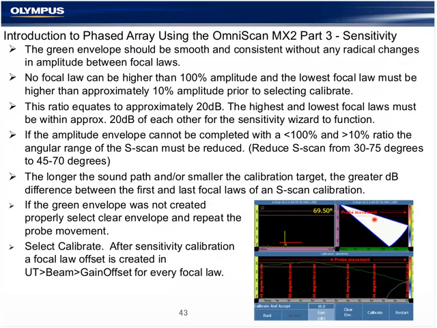If I'm not able to complete this calibration window here, I must reduce the S-scan angular range or adjust my calibration target. Sometimes focusing can have some effect on this.